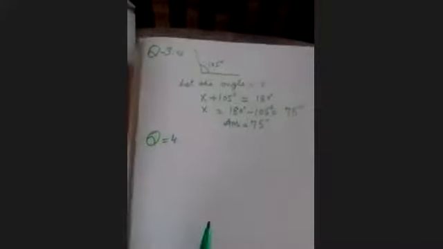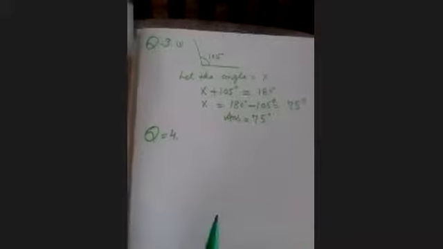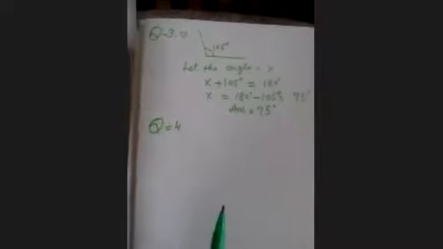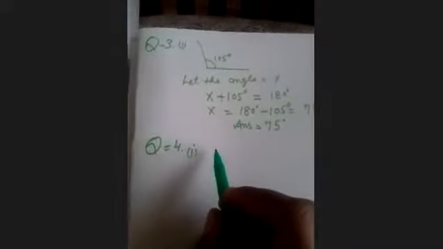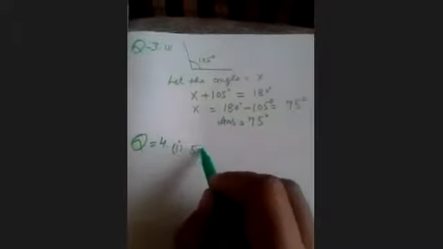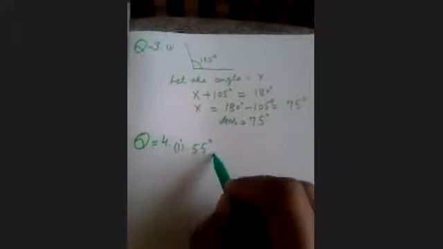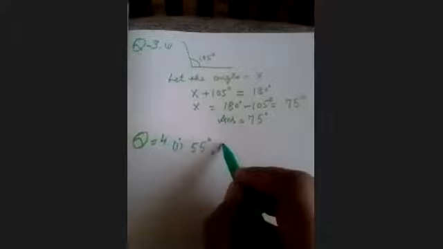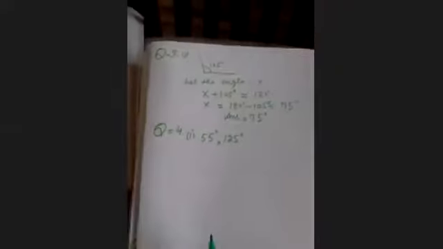Now identify which of the following pairs of angles are complementary and which are supplementary. Now the first part is 55 degrees and 125 degrees. Now add these angles.